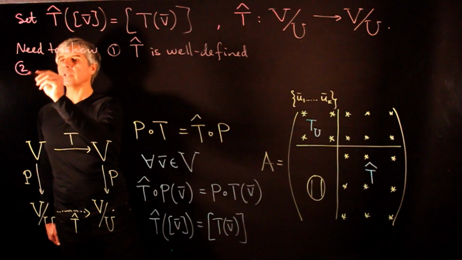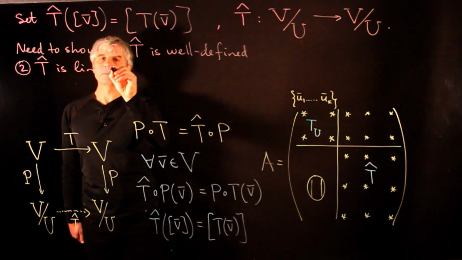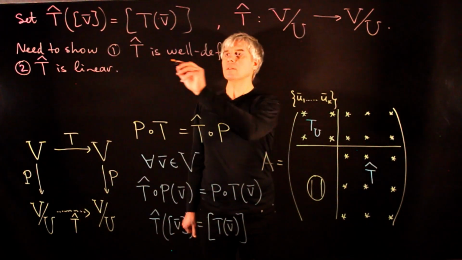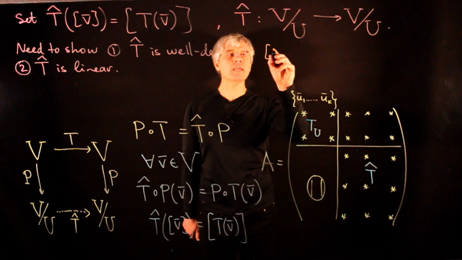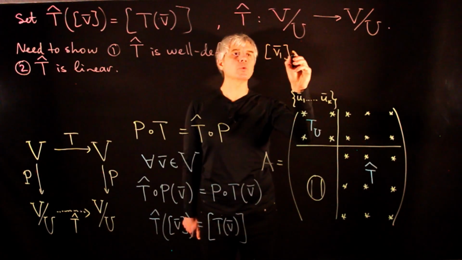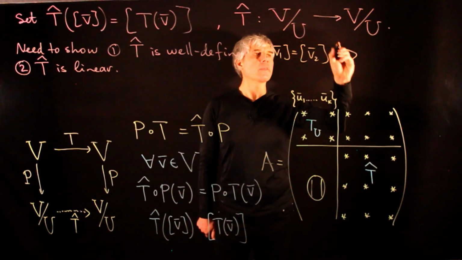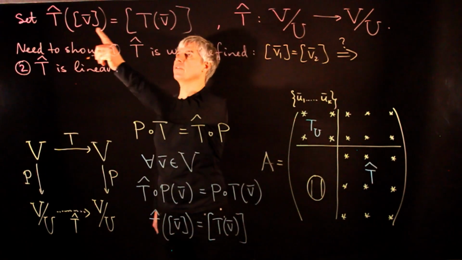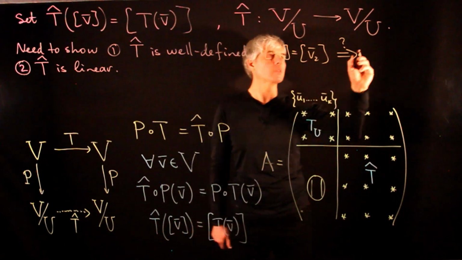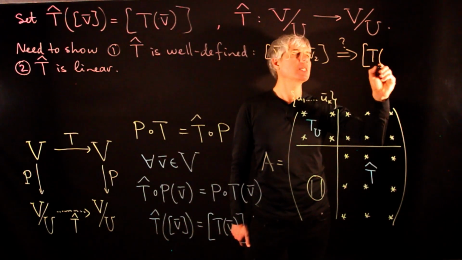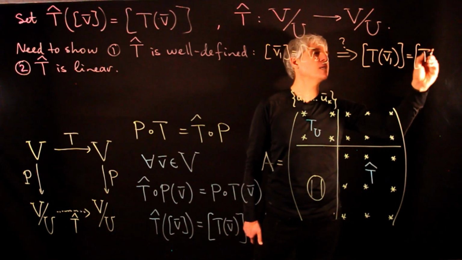And secondly, we need to show that T hat is linear. So what does it mean to show that T hat is well defined? If we have the same equivalence class given by two different representatives, we need to show that the right-hand side of the definition of T hat will not depend on the choice of a representative. So we need to show that the class of T of v1 is equal to the class of T of v2.